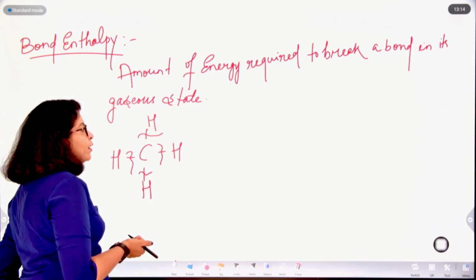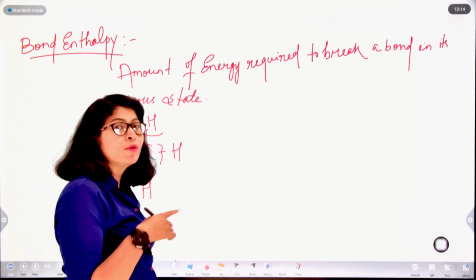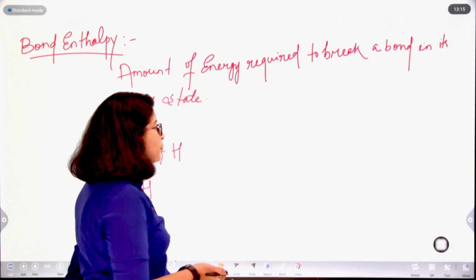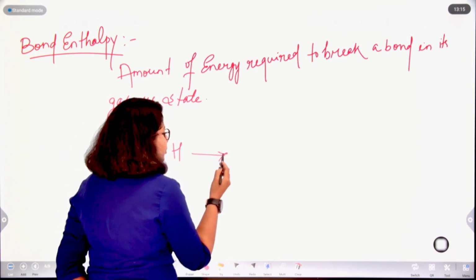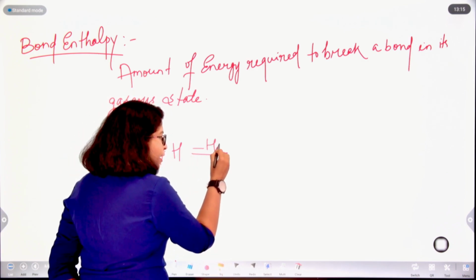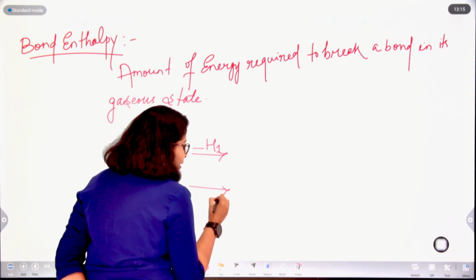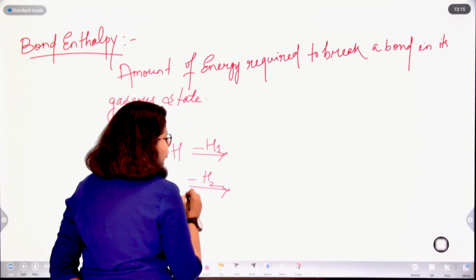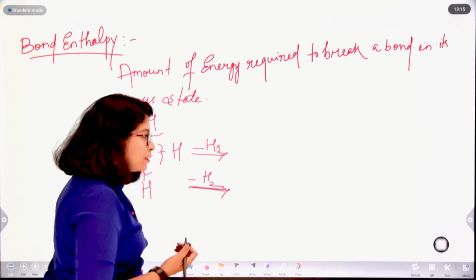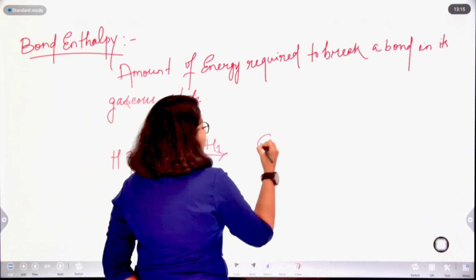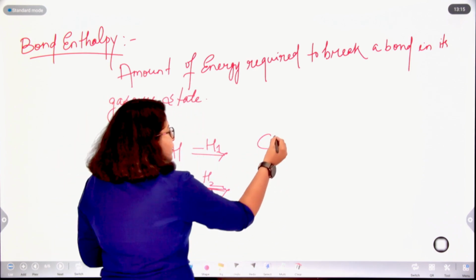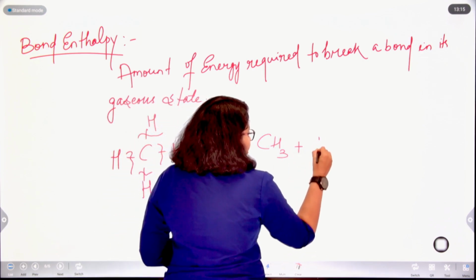But exactly what happens if we break these bonds one by one, one after the other, then the amount of energy required to remove the first hydrogen is not the same as that required to remove the second hydrogen. Let us see what I mean, suppose CH4 forms CH3 plus H.